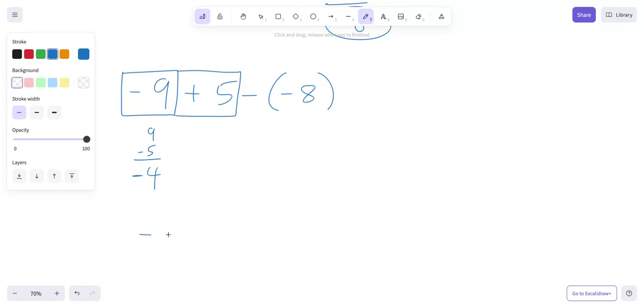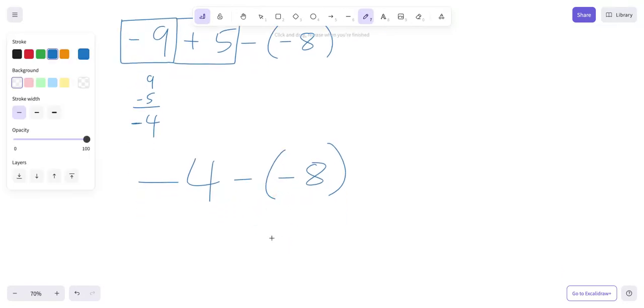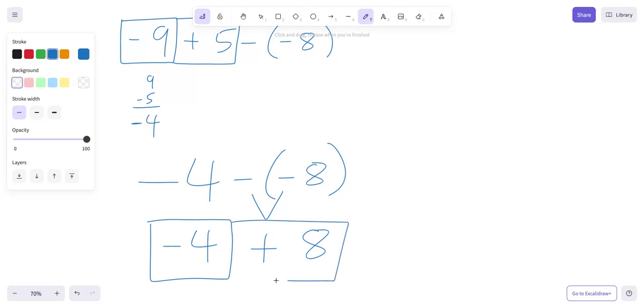So this whole thing will be negative 4, and then bring this part down, minus negative 8. Here we have a double sign. They are the same, so we can rewrite this as plus. So it's going to be negative 4 plus 8. Now we only have single signs, so we group them up.